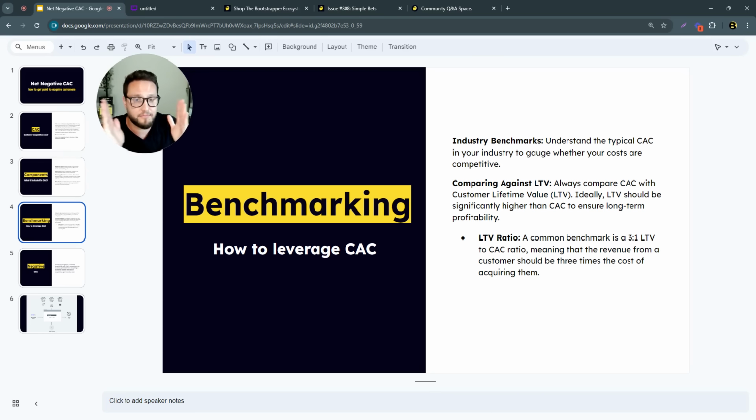So the lifetime value, how much revenue is being extracted from that customer relationship over the lifetime. And then we want to make sure that we're making profitable decisions in terms of how we're acquiring customers and perhaps even more importantly, which customers we're acquiring.